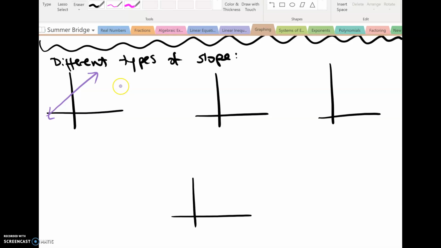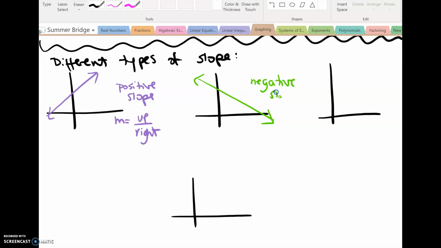This is what we call having a positive slope, where your slope is always going to be up and to the right. Now, there is another kind of slope which goes like this, which is what we call negative slope. Basically, you're going down the hill. So here you can have either down and to the right, or you could have up and to the left.